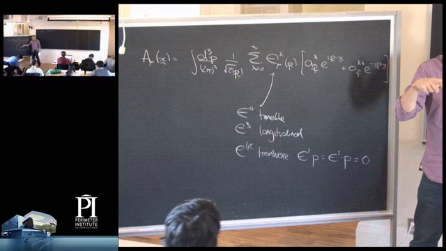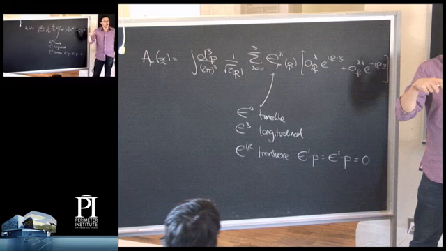Epsilon 3 is always chosen to be longitudinal to the momentum, so it's always chosen to be in the same direction as the momentum. And then epsilon 1 and 2 are transverse to the momentum. Okay? This is just a notational trick, but it's going to have the advantage that when we come to the actual theory, A1 and A2 are going to create physical states. And it's going to be the states created by A0 and A3 that we'll learn how to get rid of.